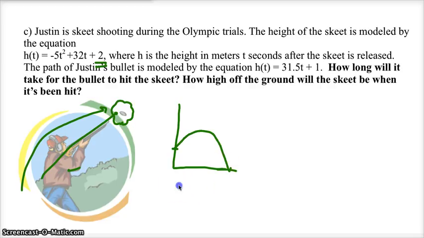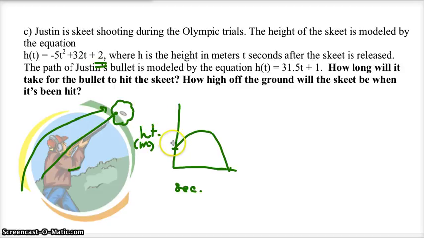This is in seconds, and this is height, which is in meters. Okay, so it's in meters.